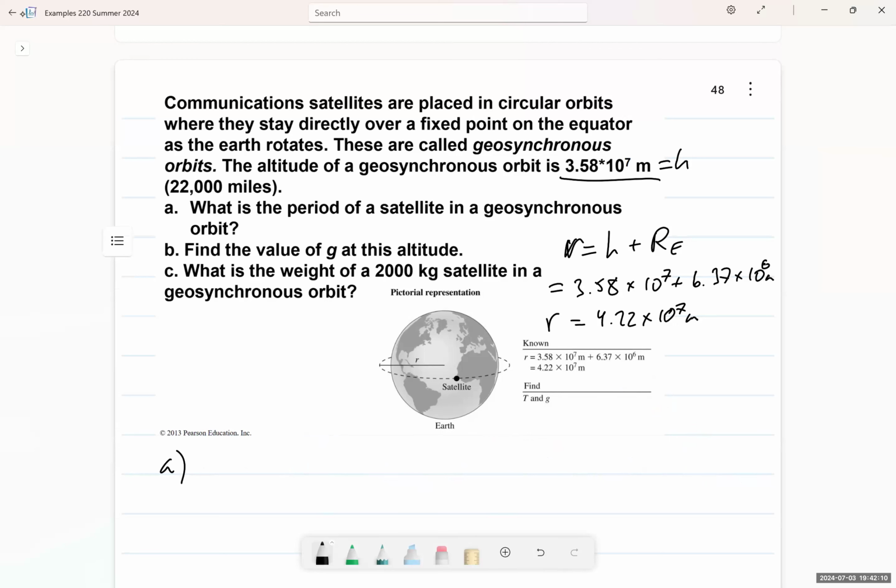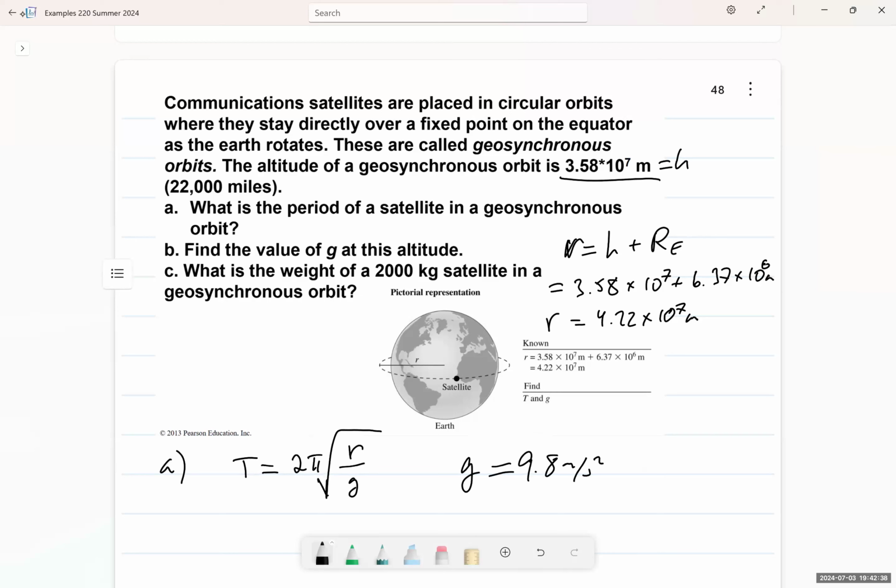Okay. So the reason that particular equation didn't work, t equals r over g, it is a correct equation, but the problem with this equation is that it assumes g is 9.8 meters per second squared.